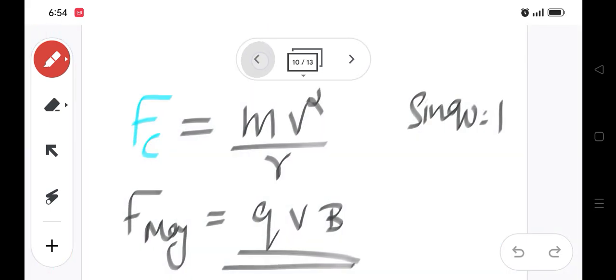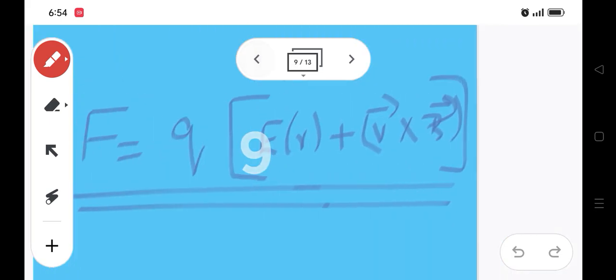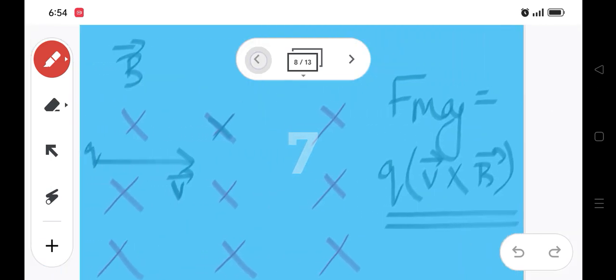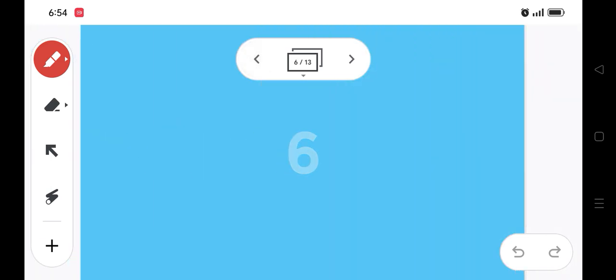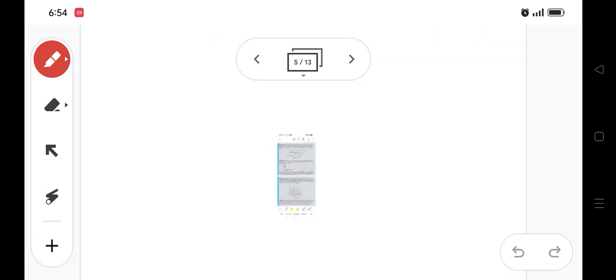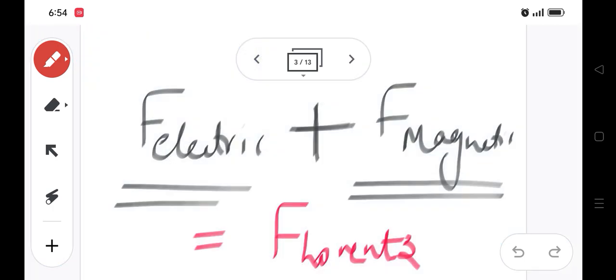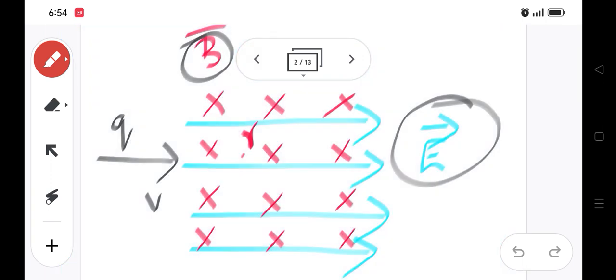Then we cover the Lorentz force. What did we learn about the Lorentz force? Basically, a charge enters a region having both magnetic field as well as electric field. It enters with a velocity v, it's not stationary, and E and B are mutually perpendicular, as well as the velocity being perpendicular to the magnetic field.